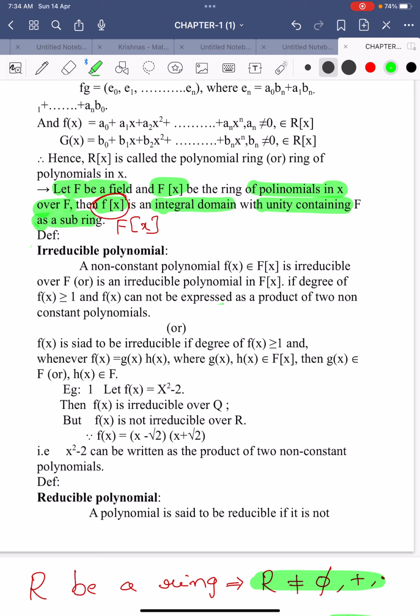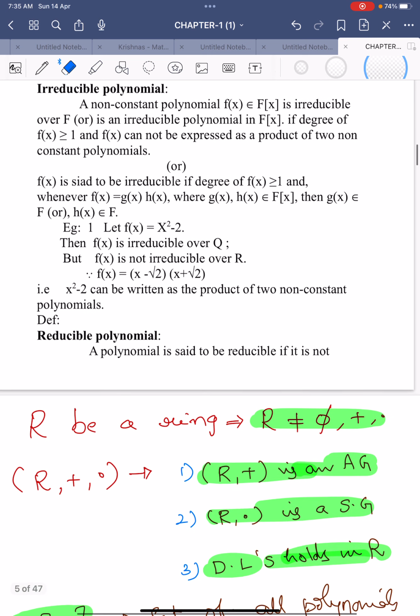So the ring of polynomials over the field capital F must be an integral domain with unity, containing the field as a subring.